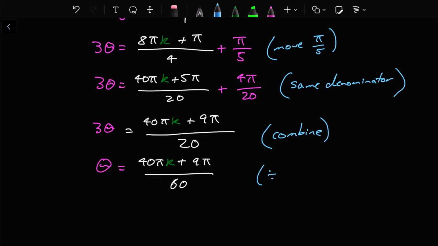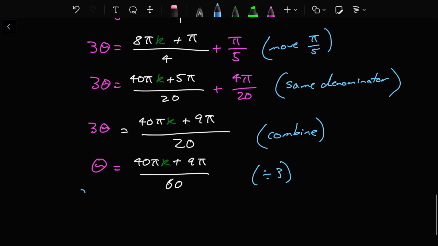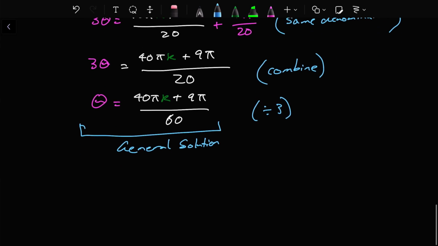And then we divide it by 3. Okay? All right. So now this is our general solution. It's general because it gives us, well, it doesn't give us very much, except for everything, right? It tells us everything. We can just vary k to get any possible solution we like.